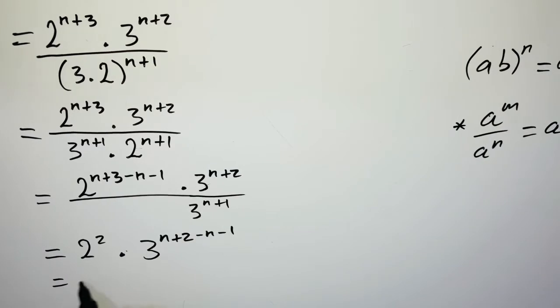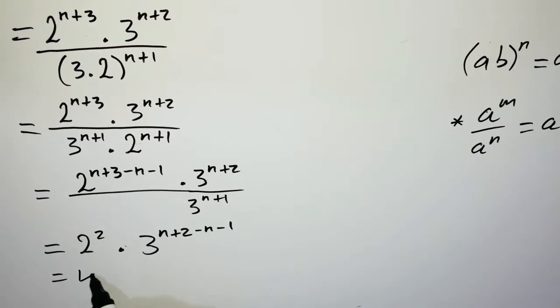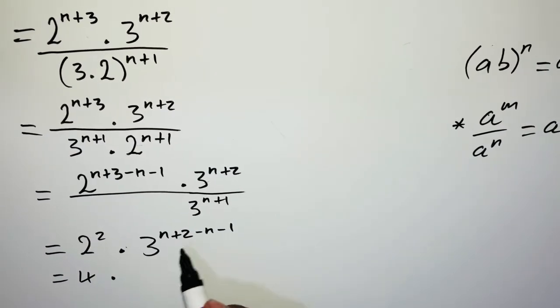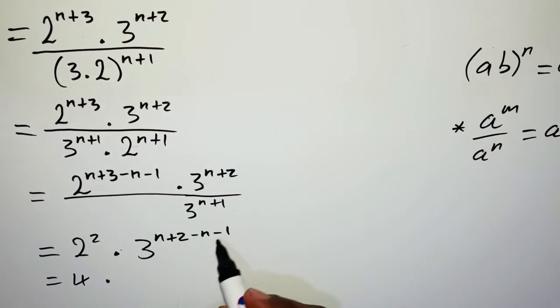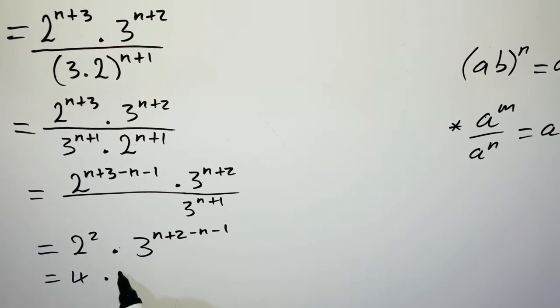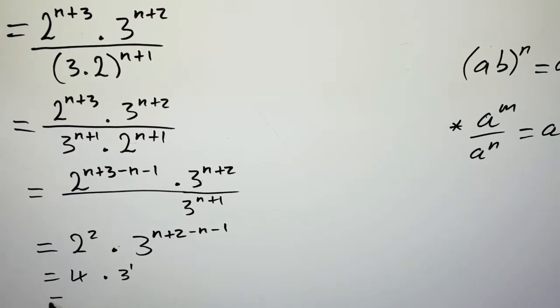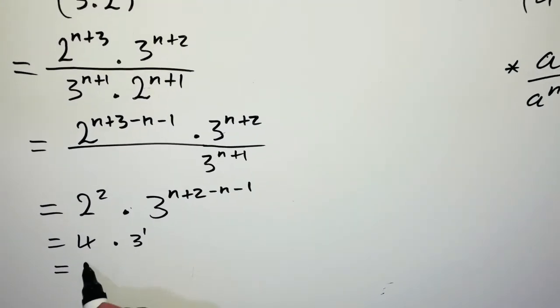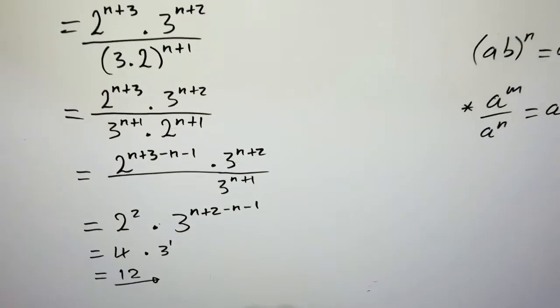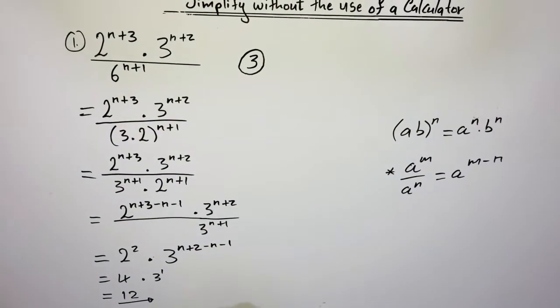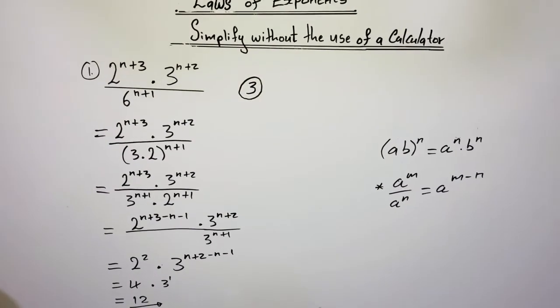So we now have 4 times n minus n, they are gone. Then 2 minus 1 is 1, so it's 3 to the 1. Therefore, we have 4 times 3, which gives us 12. So our answer for this sum is 12. We'll go on to do our second sum.